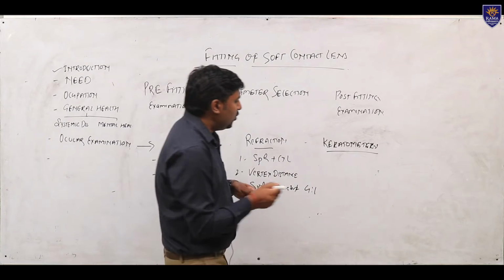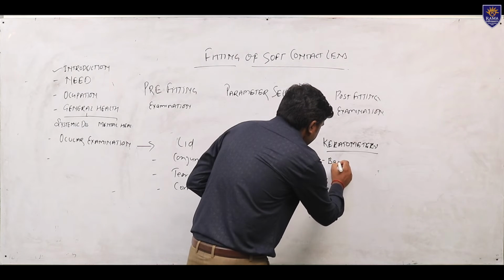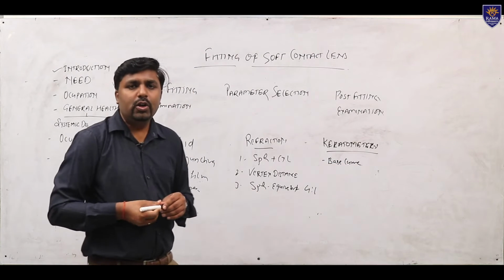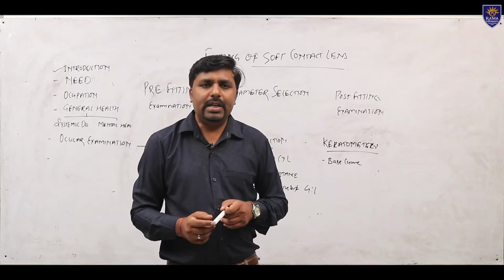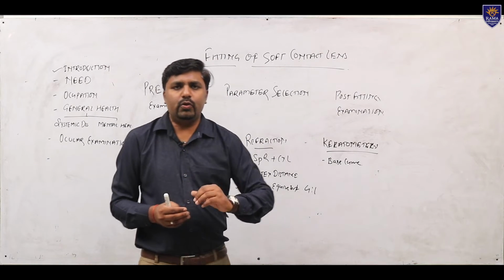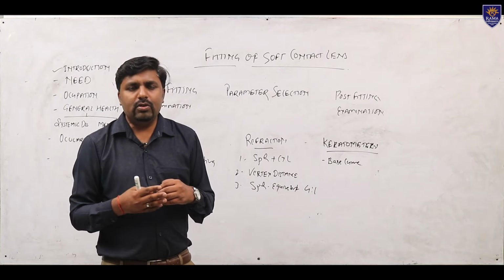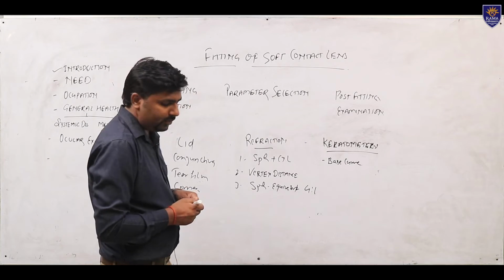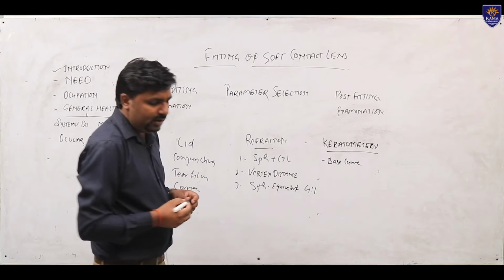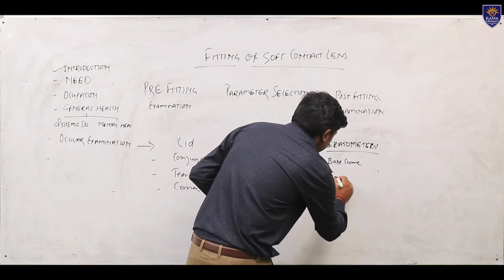This is used to assess the base curve. Why is it required? Because the base curve is chosen for the contact lens and is used for the fitting of the lens on the cornea. Next, we will complete the corneal diameter.